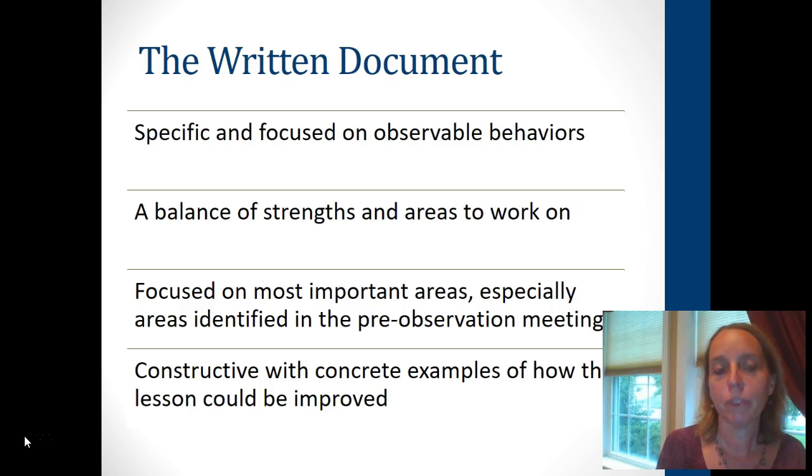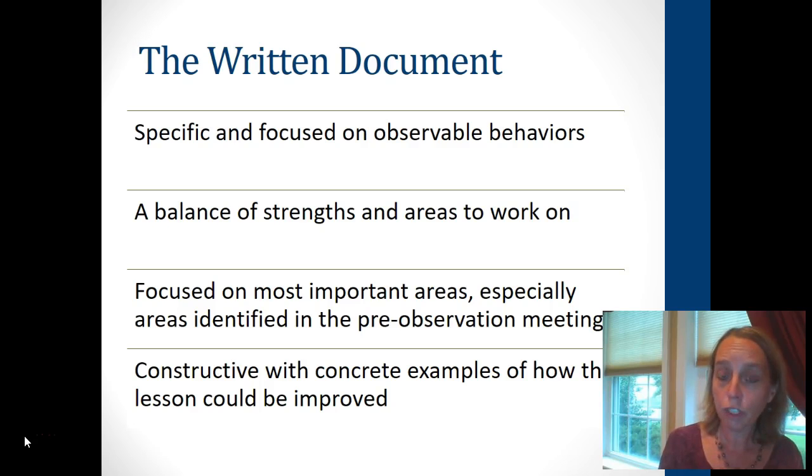Now, after completing the observation, the observer should complete some kind of written document. As I mentioned before, it should be pretty specific, detailing a summary of what they saw. Mostly it should be focused on observable behaviors. Then after that summary is provided, they should make some evaluative statements about your strengths and also areas for you to work on.